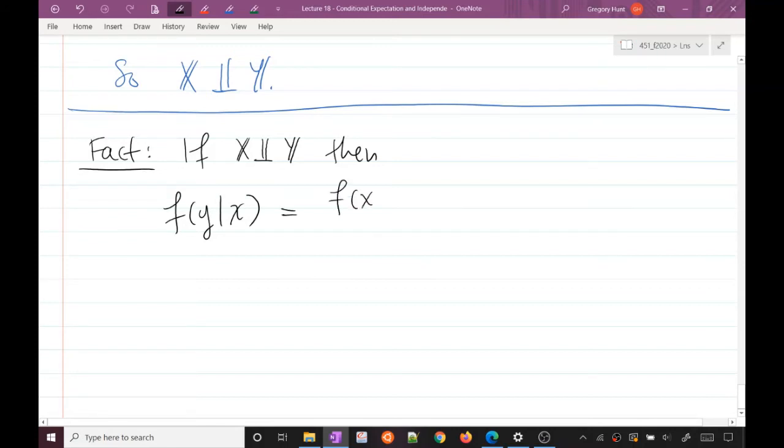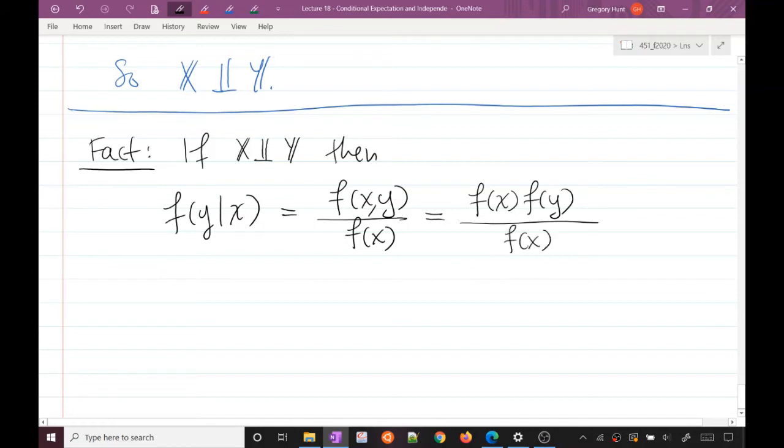We know that that is the joint f of xy over the marginal of x. And if x and y are independent, I can write my joint as fx times fy, the marginal of x times the marginal of y, and of course I still have the marginal of x in the basement. Lo and behold, the fx's cancel, and I just get f of y.